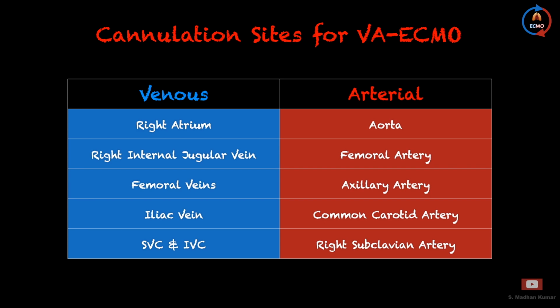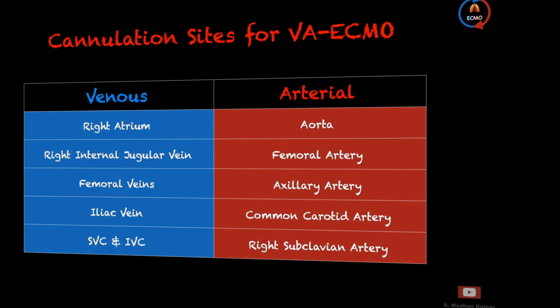The access sites for VA ECMO are right atrium, right internal jugular vein, femoral veins, iliac vein, SVC and IVC. The drainage sites for VA ECMO are aorta, femoral artery, axillary artery, common carotid artery and right subclavian artery.